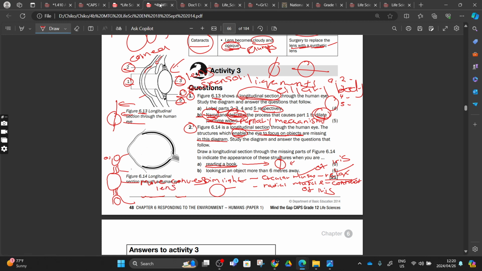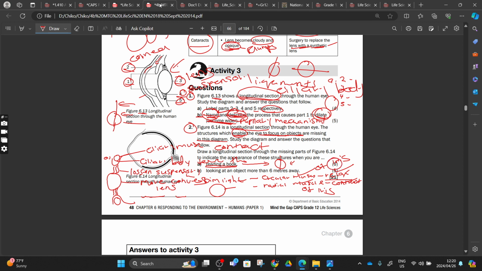Then a slackened or loosened suspensory ligament, then a ciliary body towards the lens, and ciliary muscles contract, something like that, right?